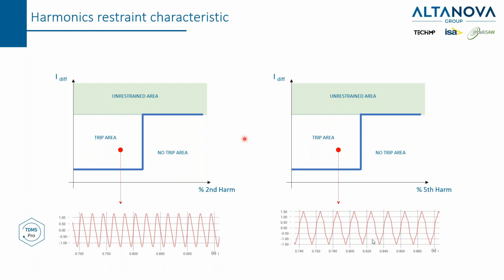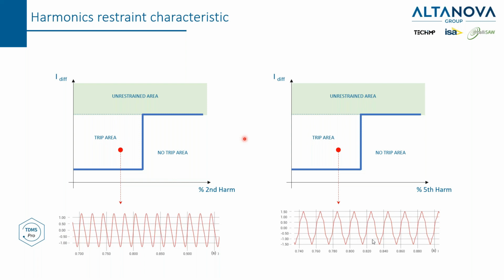If you don't compensate the inrush current, the relay will open the breaker every time you try to close it, because when you close the breaker, the magnetizing current starts flowing. This is measured by the relay. This will produce a differential current different than 0, and this will make the relay trip. So you try to close and the relay will open again.